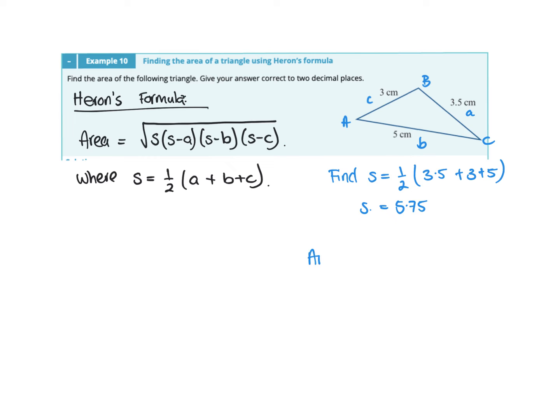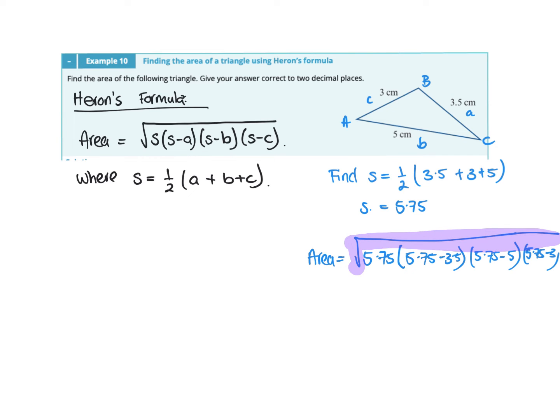So now I can use the area. I know that the area is the square root of the S number, which is 5.75, times the S number minus A, which was 3.5, times the S number minus the B, and then finally the S minus the C. What you're typing in on the calculator is actually just this part here.